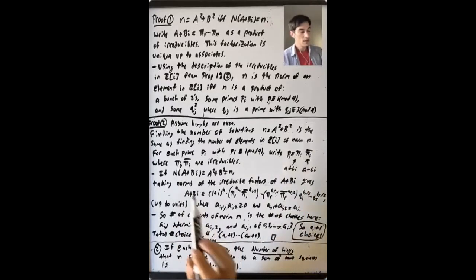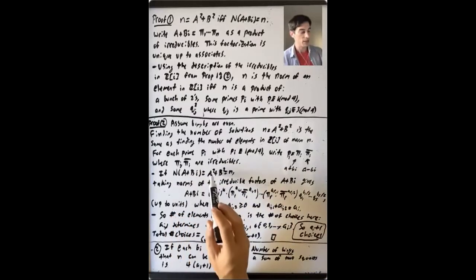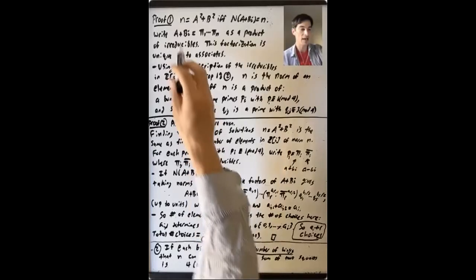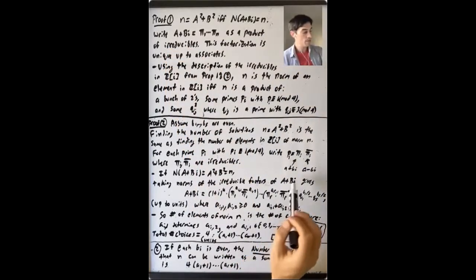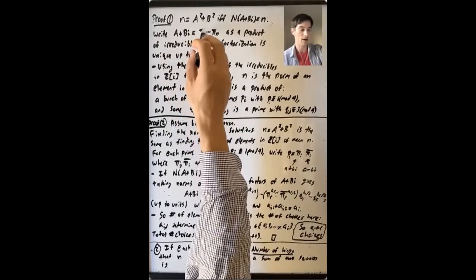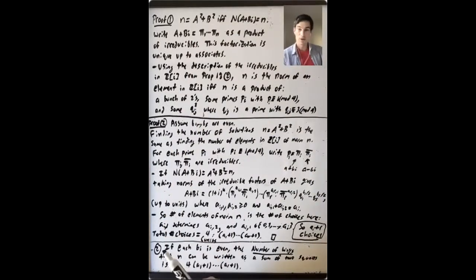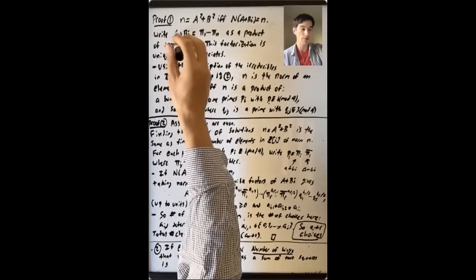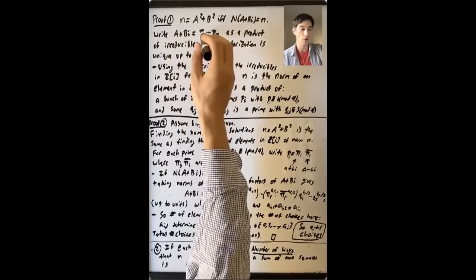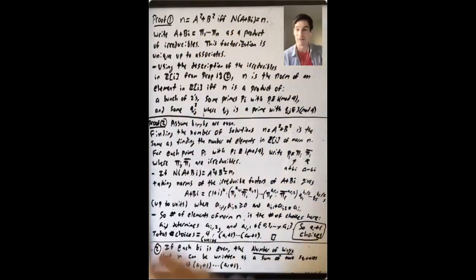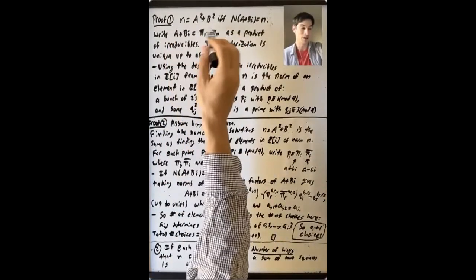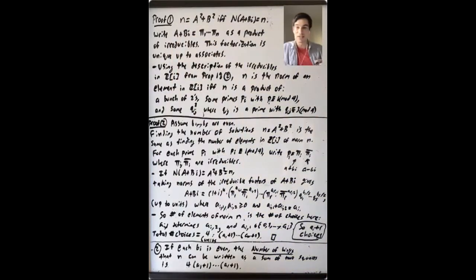So if the norm of a plus bi, which is a squared plus b squared, is n, then if we factor a plus bi, we have pi_1 up through pi_m. The norm of a plus bi is the product of the norms of pi_1 up through pi_m. The product of the norms on the right-hand side matches the product on the left-hand side.